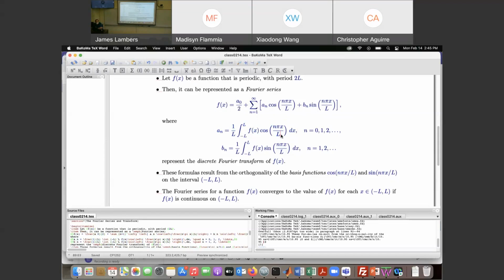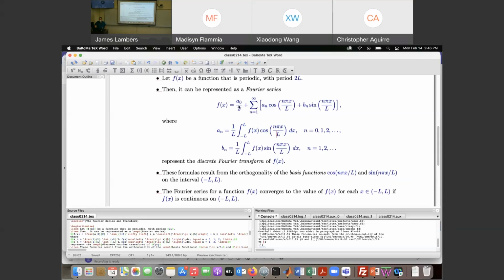So is that a0 over 2 simply the first iteration of what that sum would be if you started with n equals 0? Okay. So if you start with n equals 0, I have to be careful about this because of this integral formula.